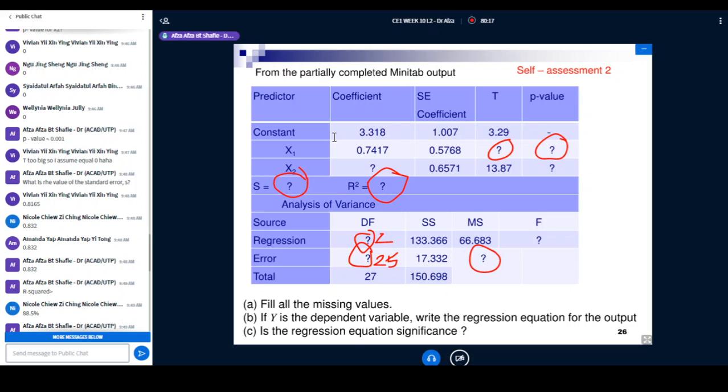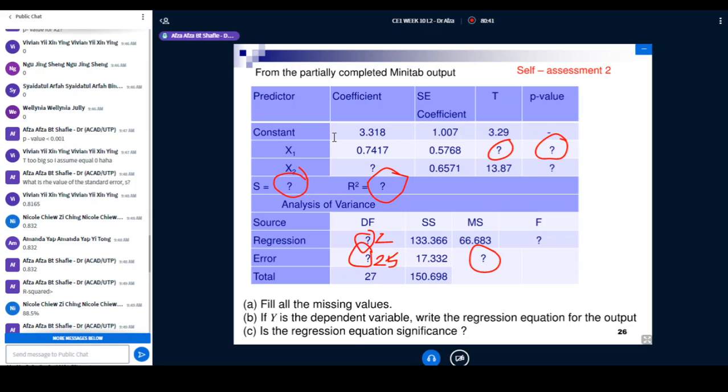Then you can answer. Y is the dependent variable. Write the regression equation for the output. Then, is the regression equation significant? So for part B, you just need to write back the equation.